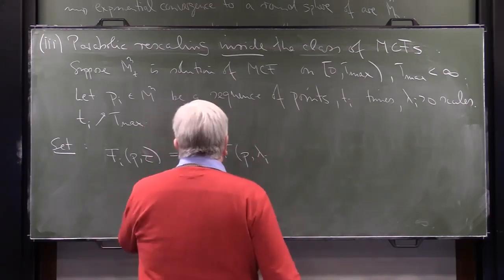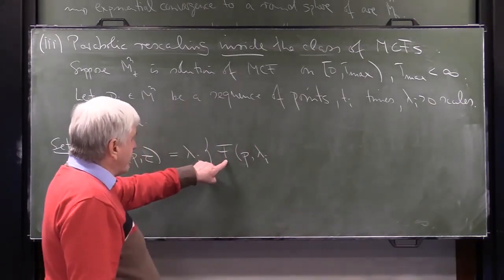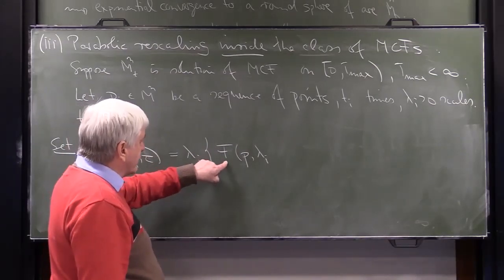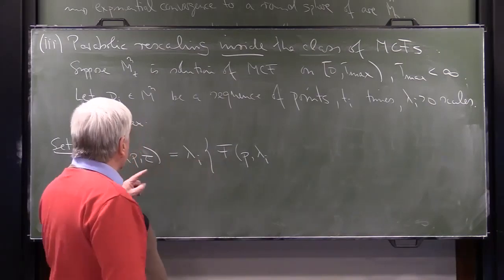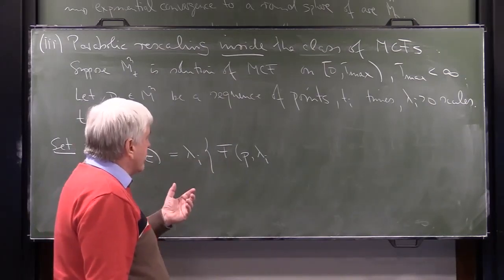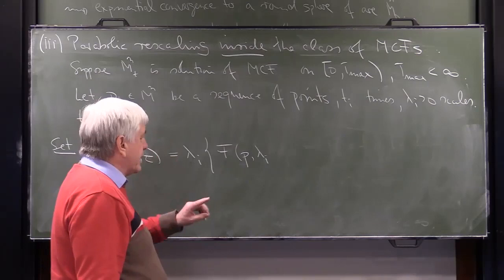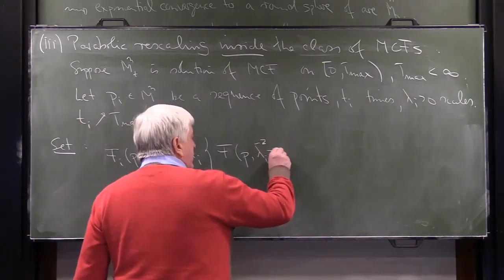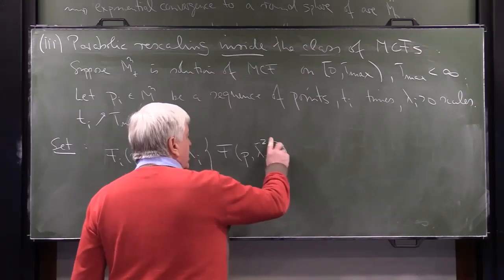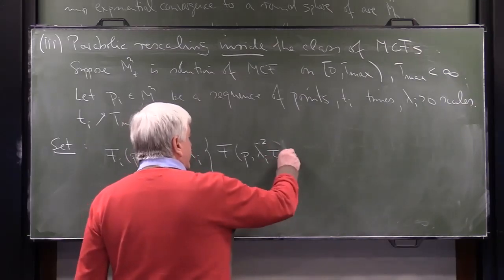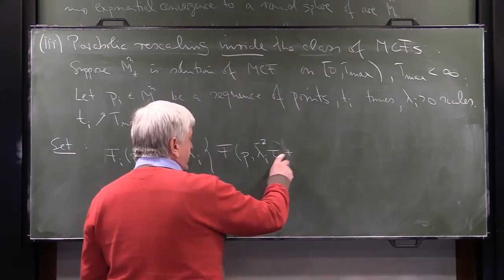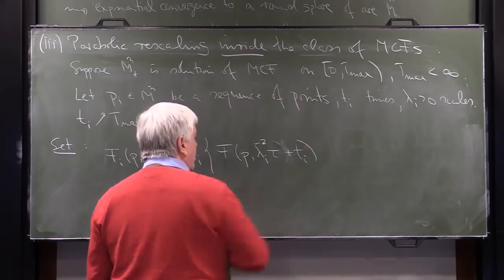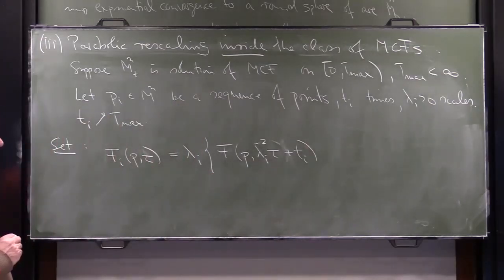You have to rescale the original time t with lambda_i squared, meaning you rescale the parameter tau with lambda_i to the -2. And then we shift it a bit so that at tau equals 0, we have the old time t_i. So we do a shift in time.